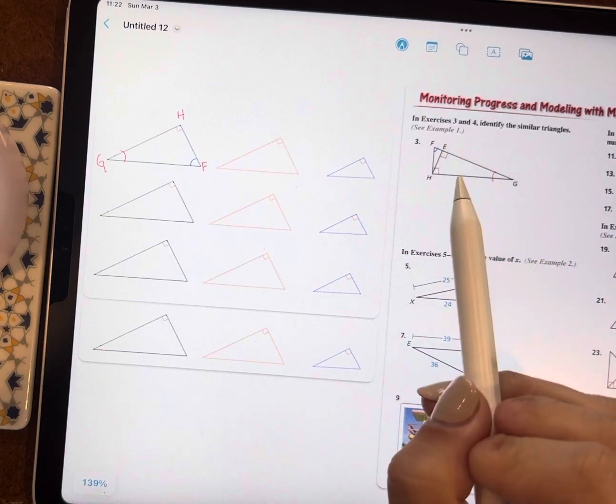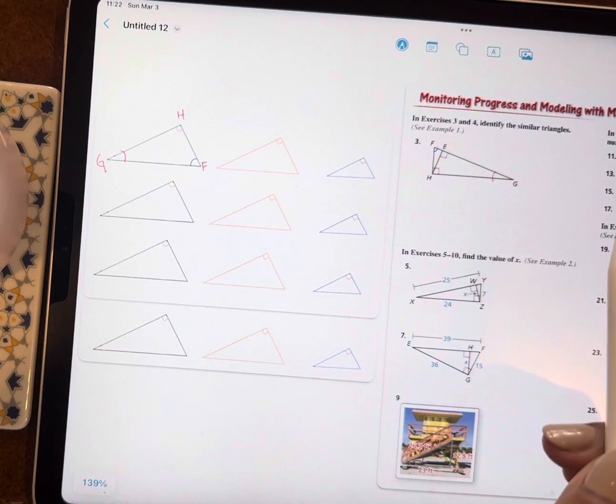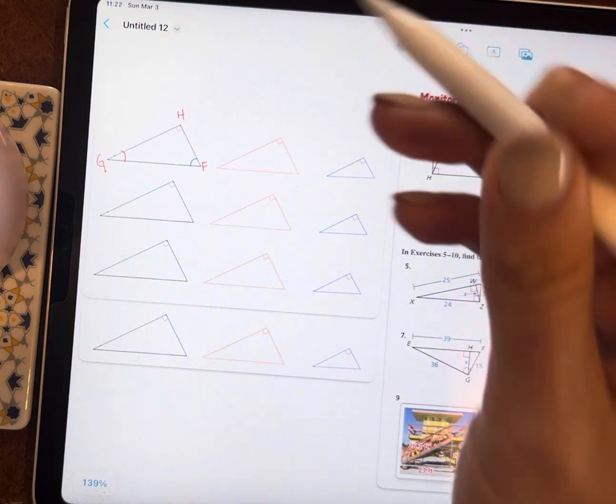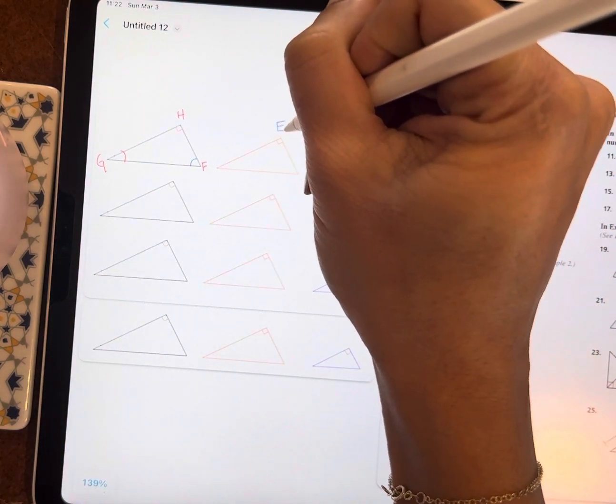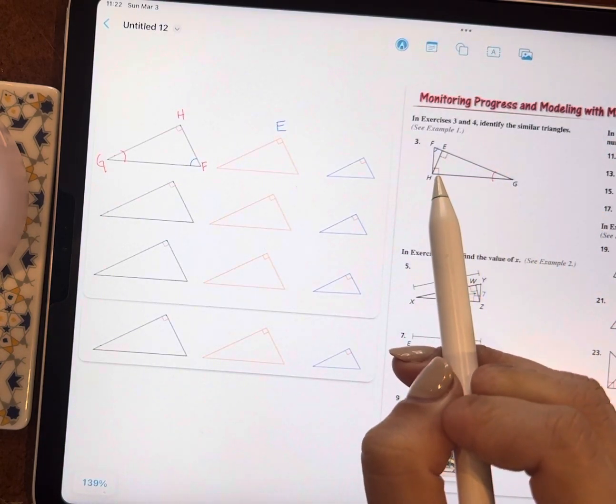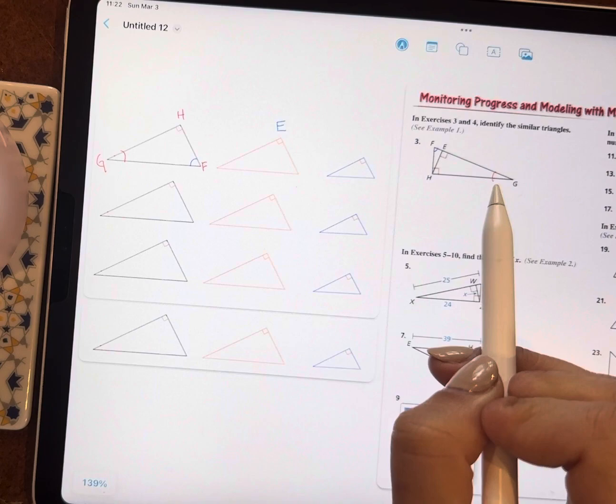when I look at the medium triangle, that's H, E, and G, the right angle is at E. And then its angle that's the same as this one is that red one right there.